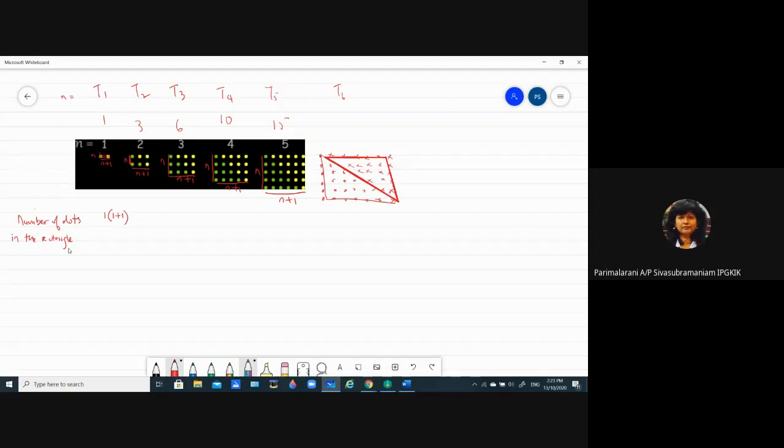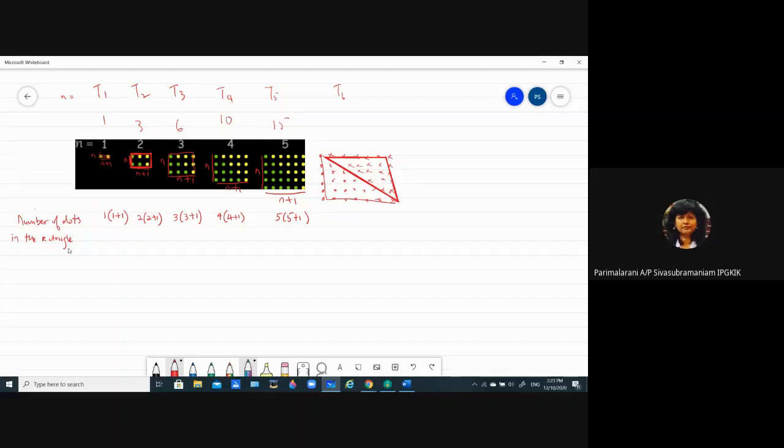Because this is a rectangle. When n is 2, we have 2 times 2 plus 1, correct? When n is 3, we have 3 times 3 plus 1. Here, 4 times 4 plus 1. Here, 5 times 5 plus 1. And these are the number of dots in the rectangle.